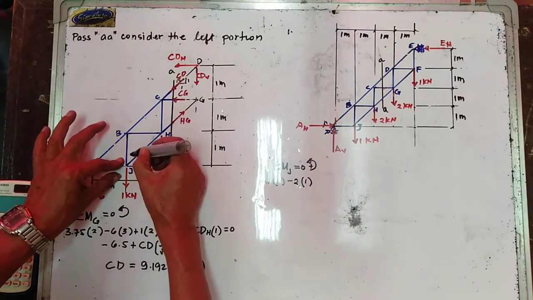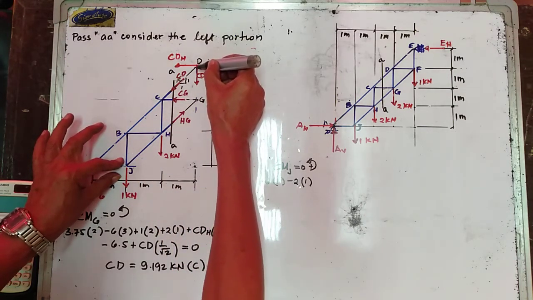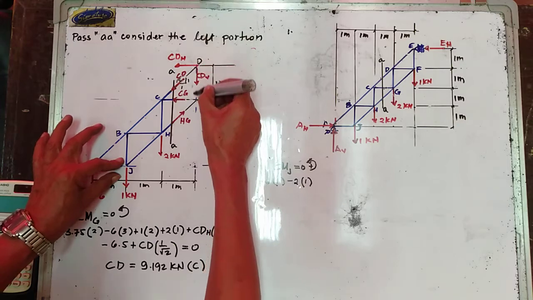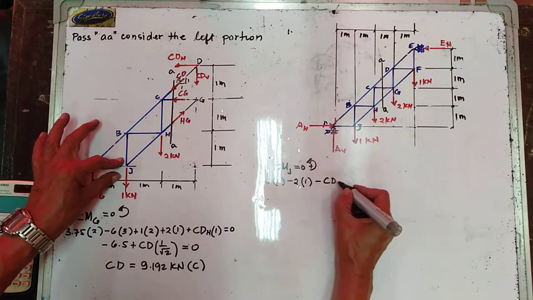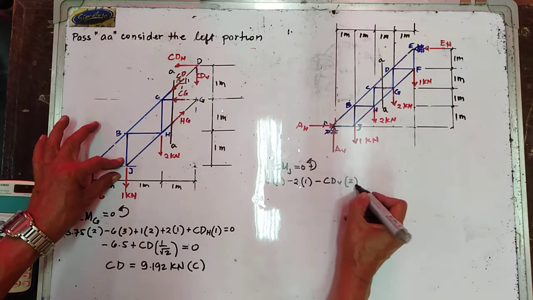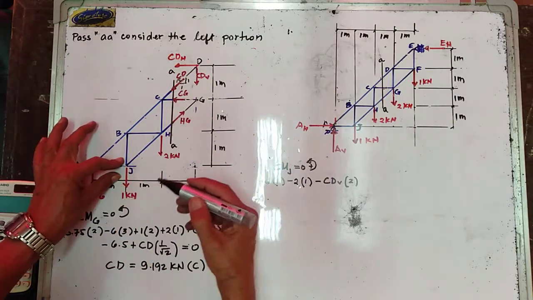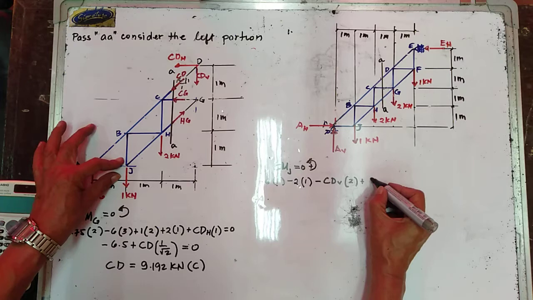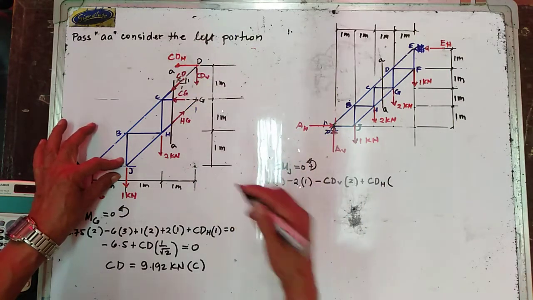So we have now your CD vertical having a clockwise moment. So CD vertical, the moment arm is 2. And then we have your CD horizontal counterclockwise plus CD horizontal, the moment arm is 3.